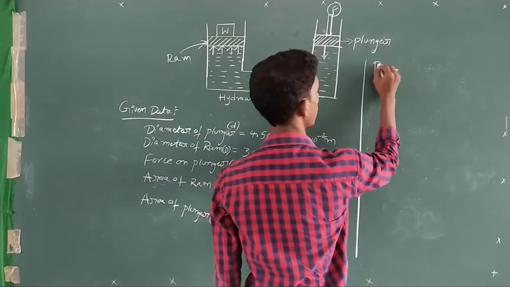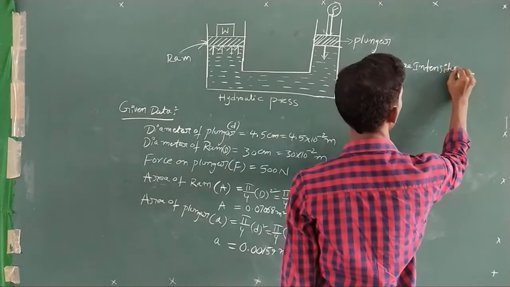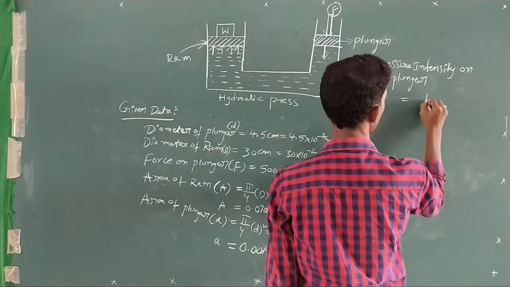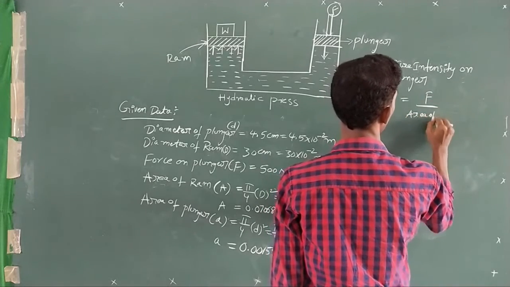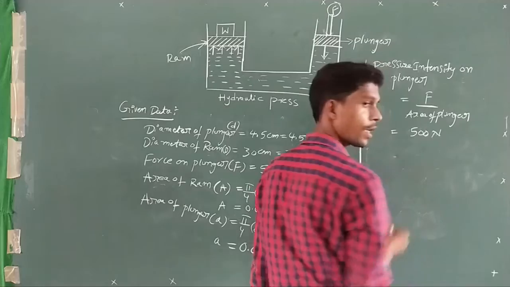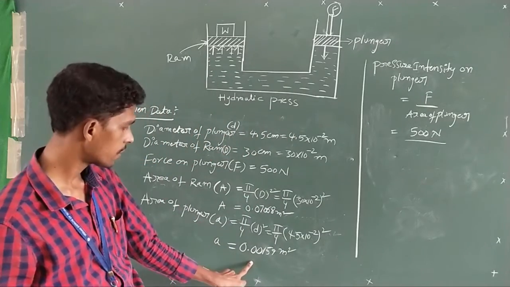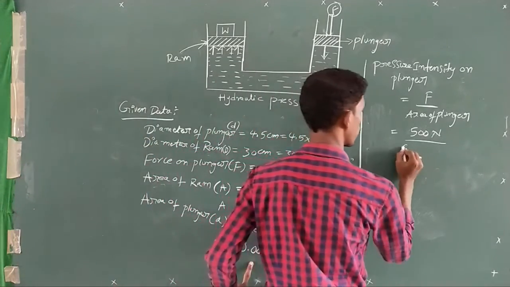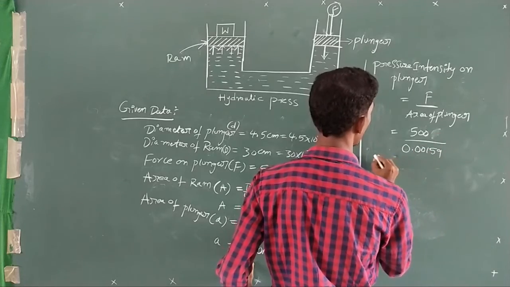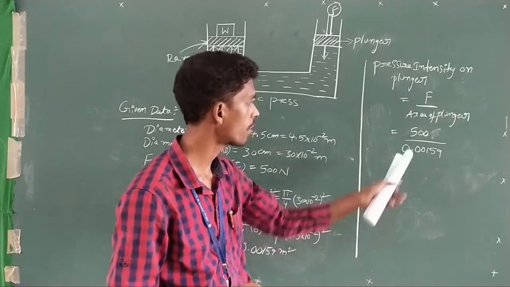So pressure intensity on plunger is force by area of plunger, 500 newtons by 0.00159. We can keep the value like this.